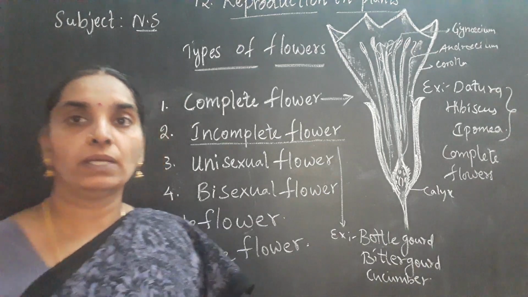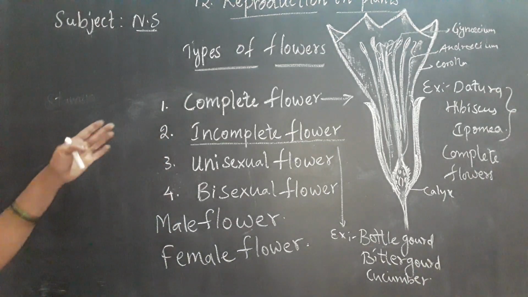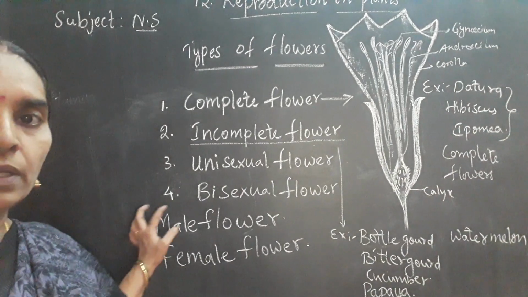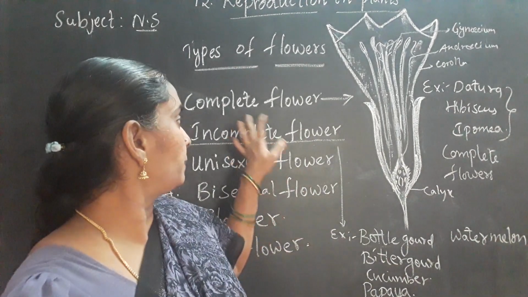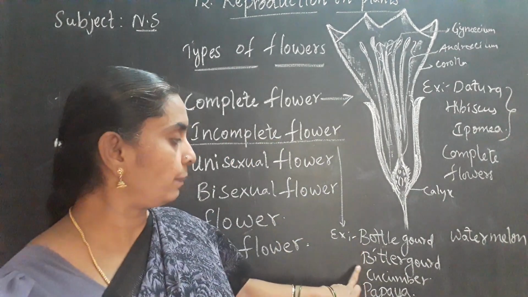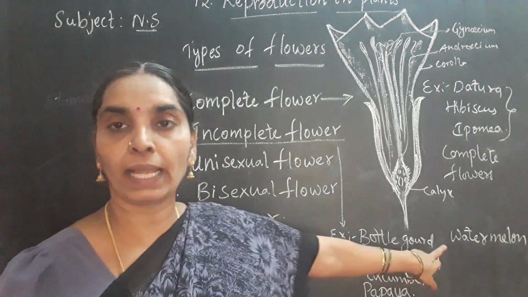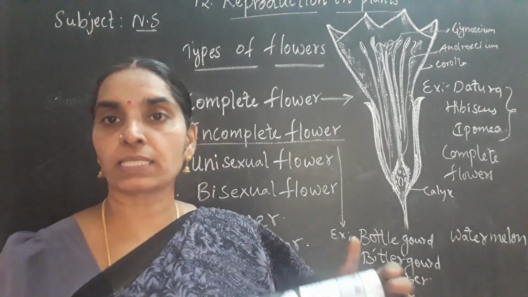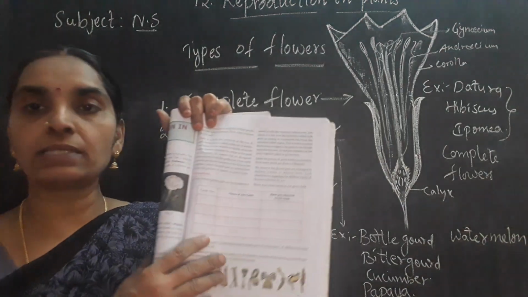Okay, children, write this down. Draw the diagram and write down the parts of the flower along with examples. Here the incomplete flowers: bottle gourd, bitter gourd, cucumber, papaya, and watermelon. Take your textbooks and complete this table.